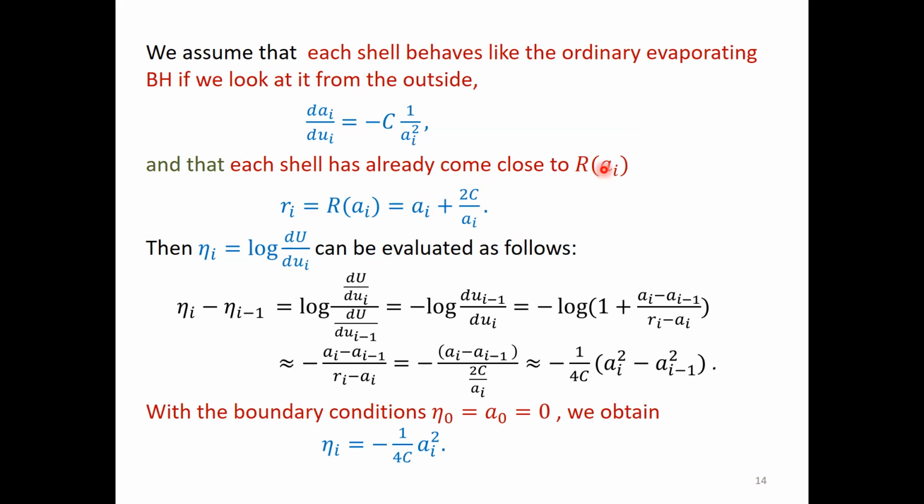Okay. However, here I have a puzzle. So this combination a_i plus 2C over a_i, right? Here you assume that R_i is also sequentially ordered, right? But this function of a_i is some kind of one increasing term plus a decreasing term. They have a minimum somewhere, right? So could it be possible that for some a_i value, the R_i will not be sequentially ordered?